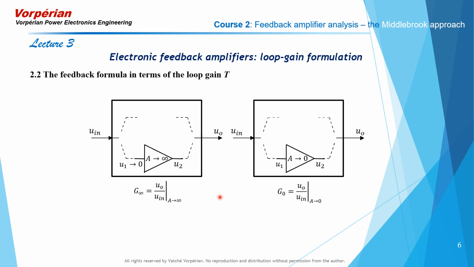Now that we've introduced the concept of loop gain as the product of A and its inverse, we can say that G infinity with A equal to infinity is actually G infinity with the loop gain T set equal to infinity. Likewise, for G0, we can say that it is the transfer function with the loop gain set equal to 0 instead of saying A goes to 0.